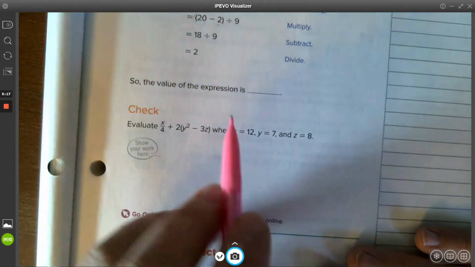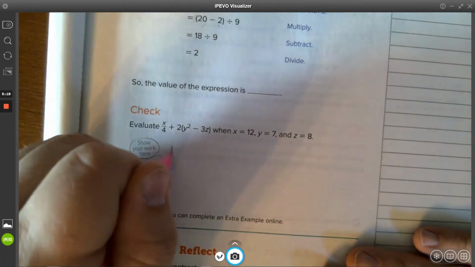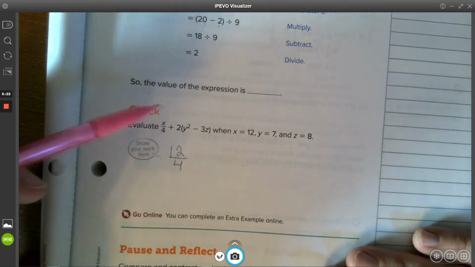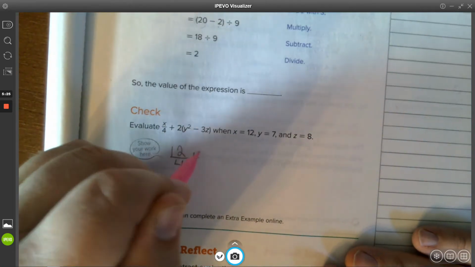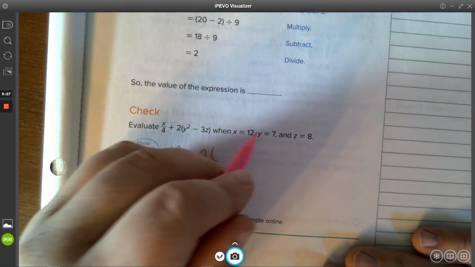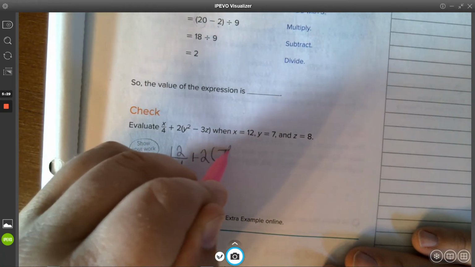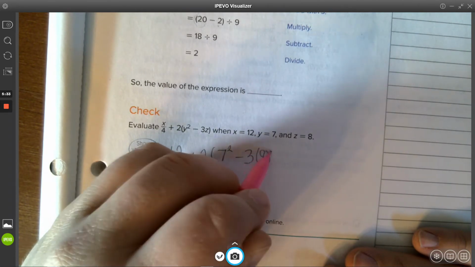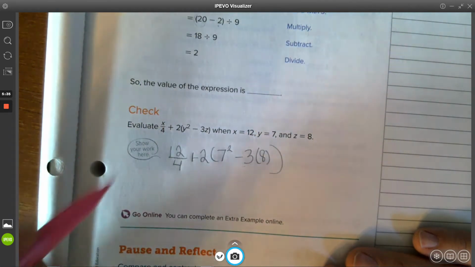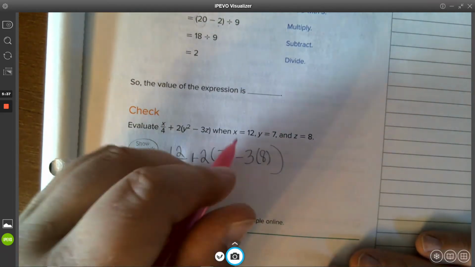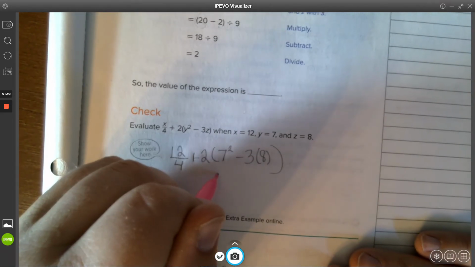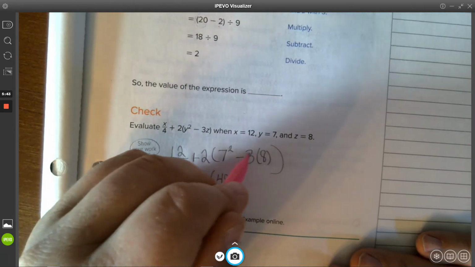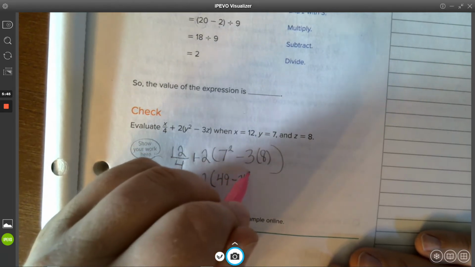All right, let's go on to our check here. Once again, just simply replace the variables with the values. So y is 7, 7 squared minus 3 times 8. Now we can go ahead and solve. I'm going to do what's in my parentheses first. 7 squared is 49. 3 times 8 is 24.